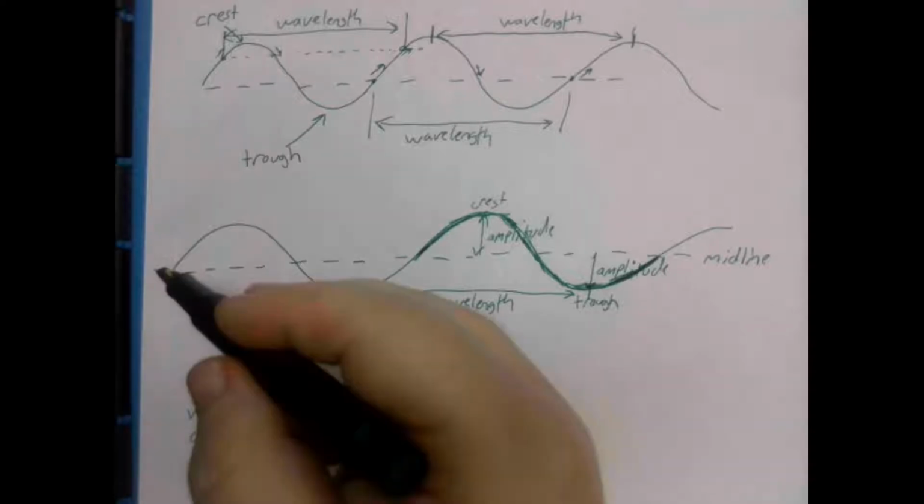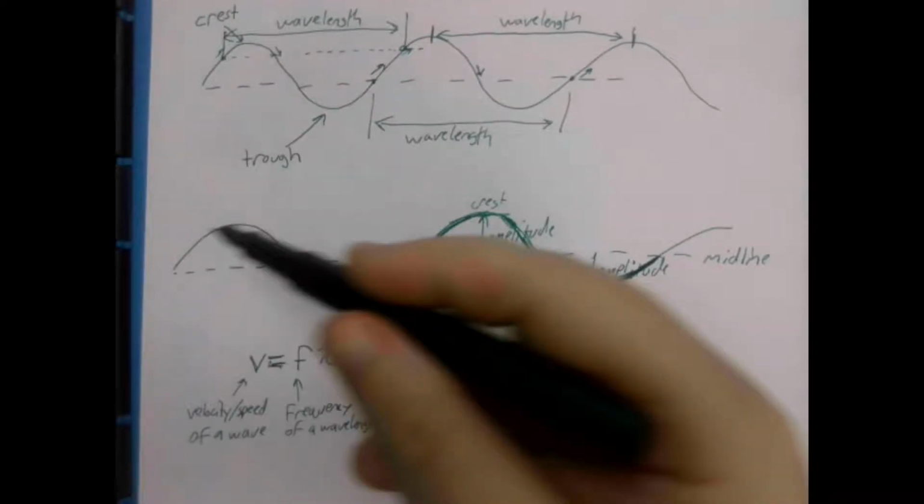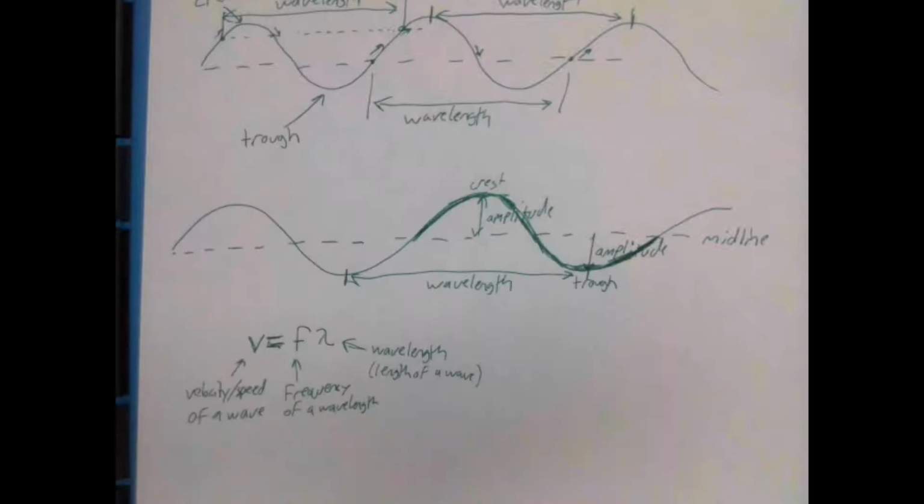We could also call this a wave train. Usually we think of this whole thing as just being the wave. And when we say the length of the wave, we're referring to one portion of it. Note that this equation applies to all transverse waves, all waves that look like this.